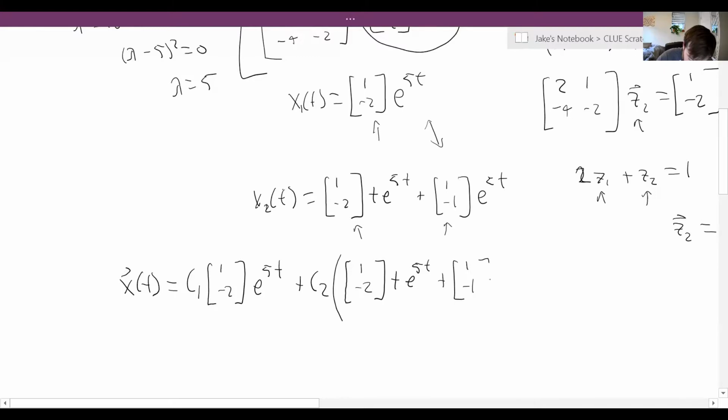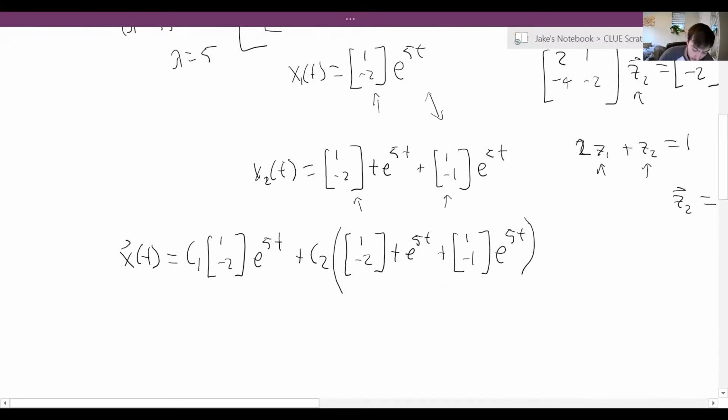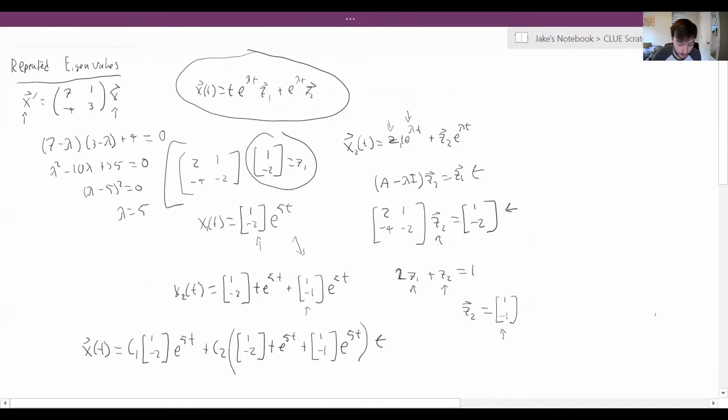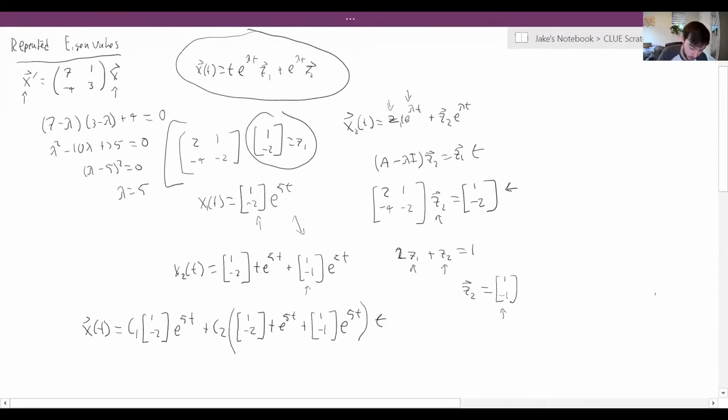If it makes it easier for you to wrap your head around, feel free to distribute this c2 into these terms, out in front. But it's not necessary. I think this is a fine response on an exam. And look at that. In very little work, realistically, we've gotten to a general solution for our differential equation.